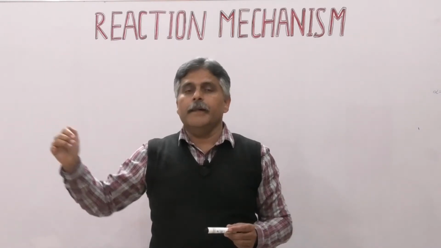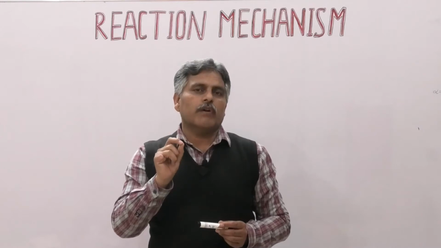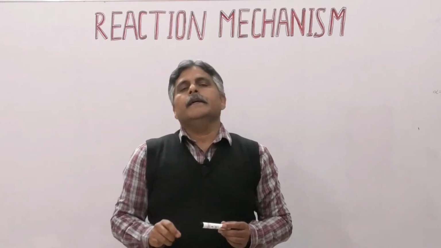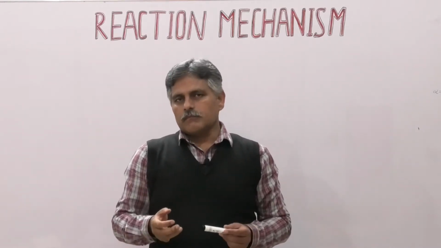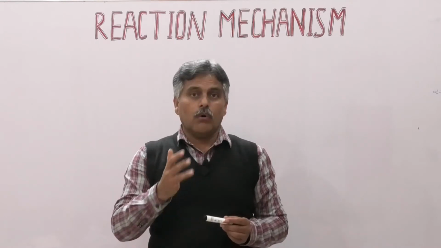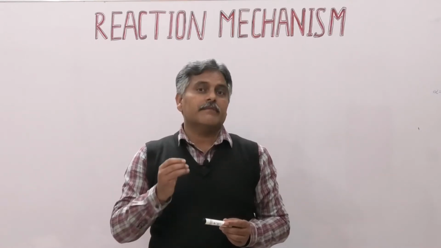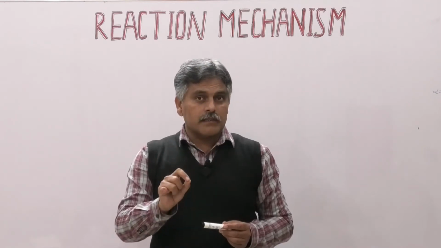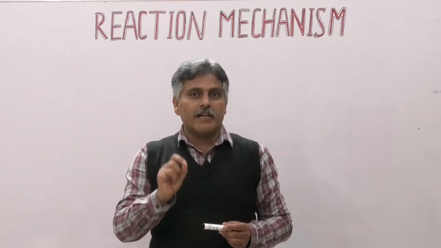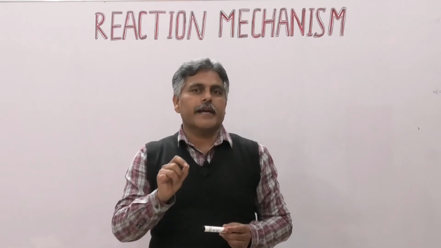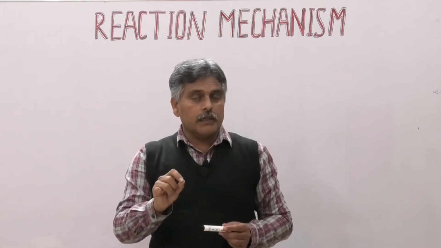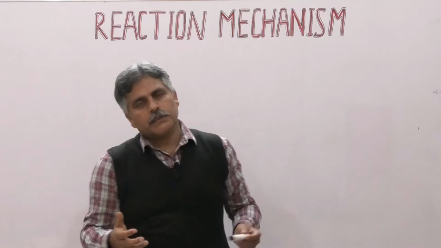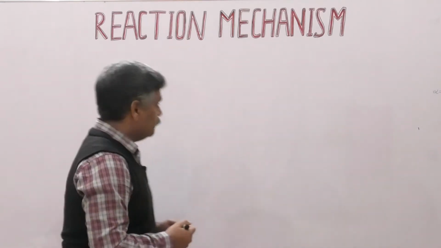We will discuss the cases which prove that the SN2 mechanism is a valid mechanism and that the incoming nucleophile attacks from the opposite side of the leaving group. So let's start with the SN2 mechanism.